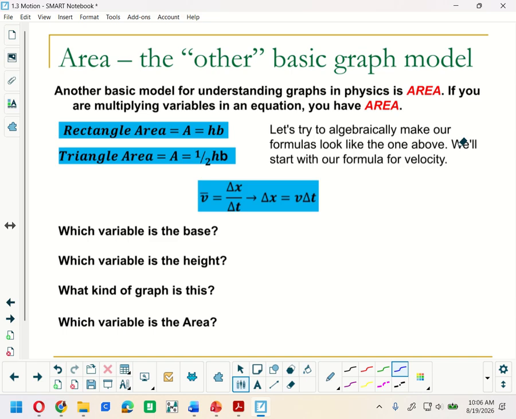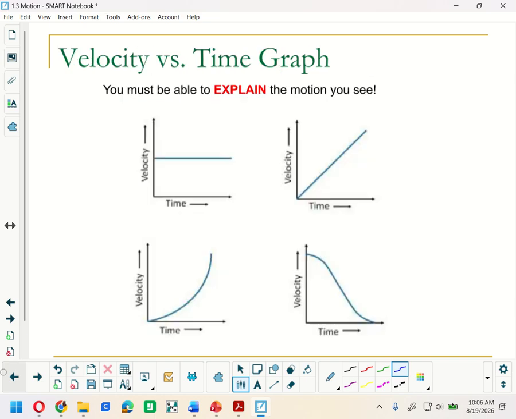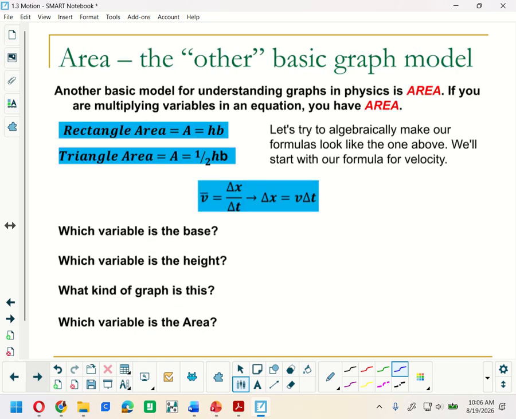So let's see right here. Everyone should be on this slide: Area, other basic graph models. So the area of a rectangle is going to be the height times the base. A triangle's area is going to be 1/2 height times base.